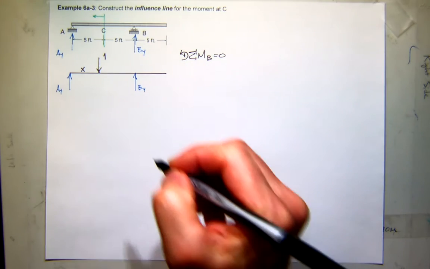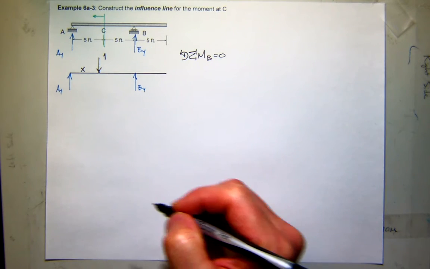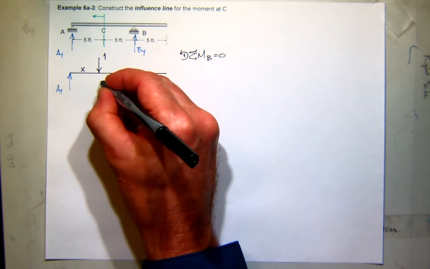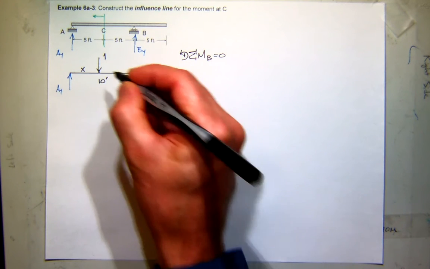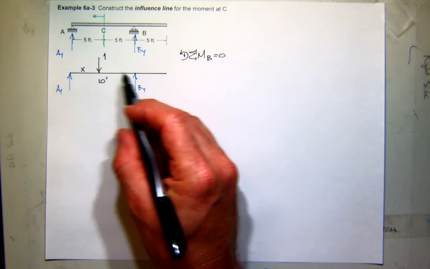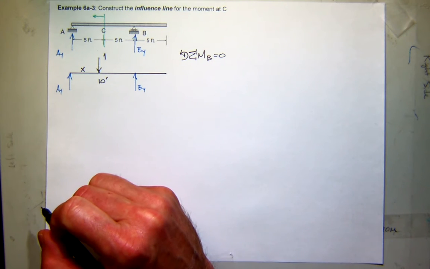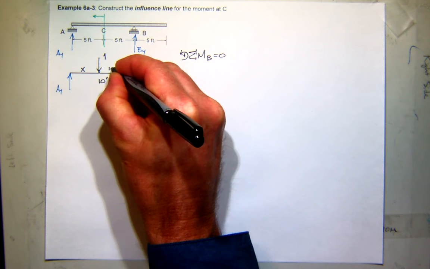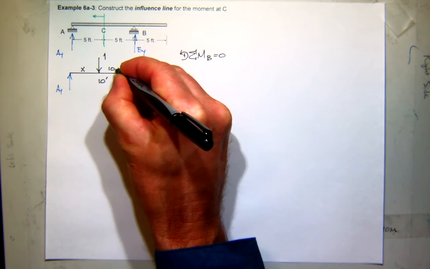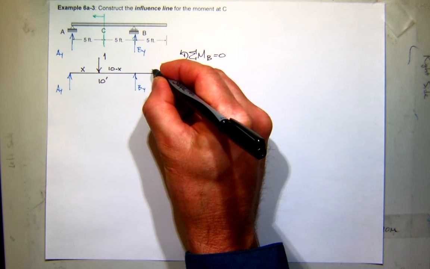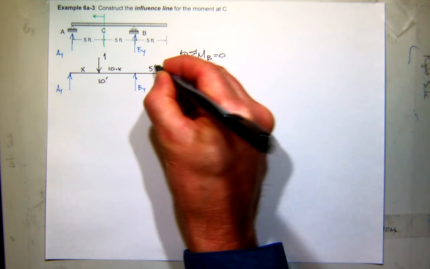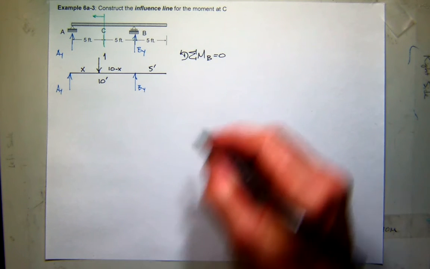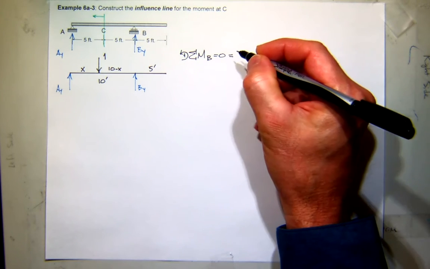Is that force to the left of C? It doesn't matter right now. I know that this distance is 10, so what's the distance from B to that force? 10 minus x. And then what would this little distance out here be? 5. So with that, let's see if this is going to work out.